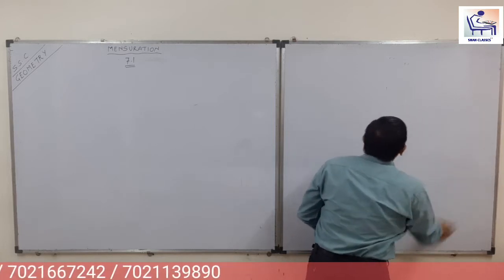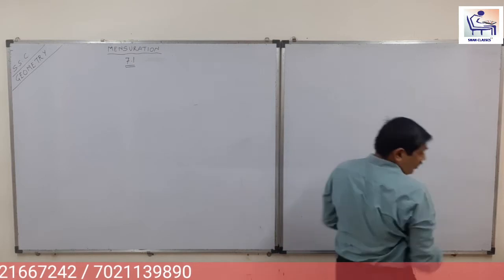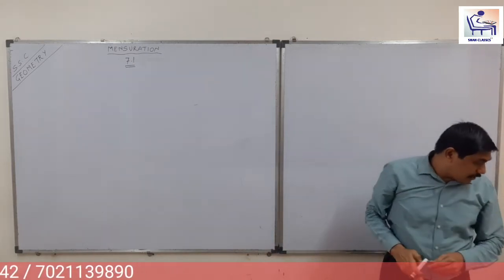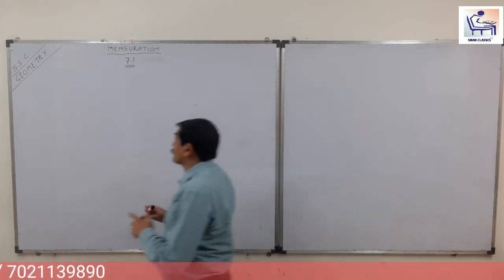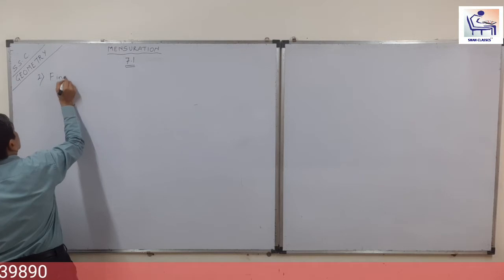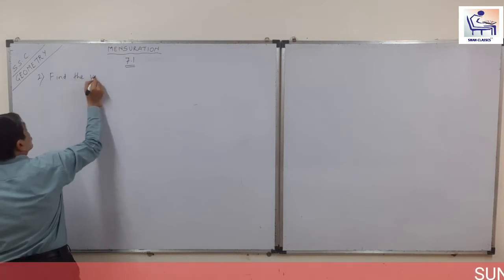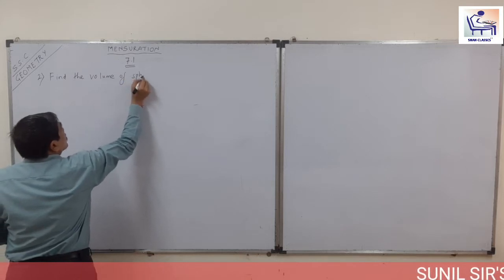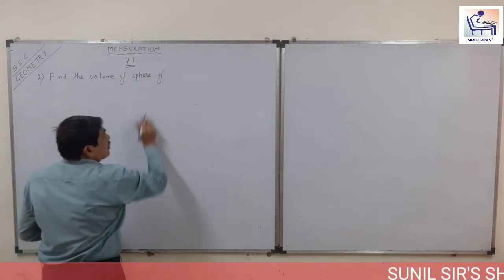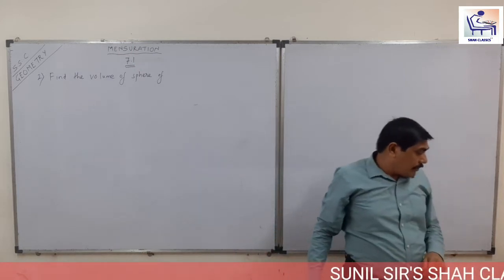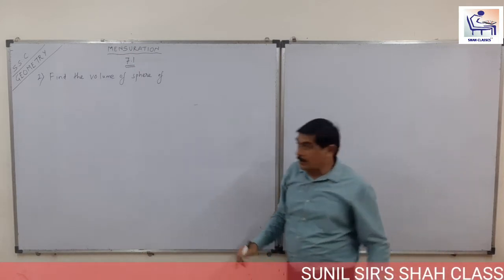Now we'll move towards the second sum. Our second sum is: find the volume of a sphere of diameter 6 centimeter.